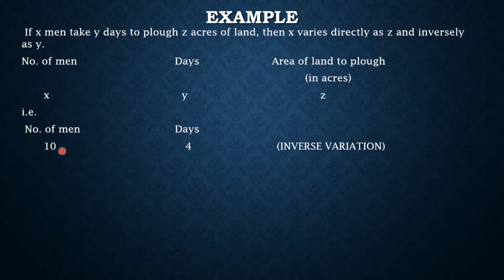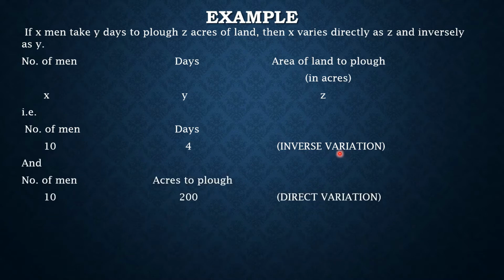So this is an example of inverse variation, that is increase results in decrease. That is, if x goes up, then y goes down. So in the number of men and days, here the variation is inverse variation.